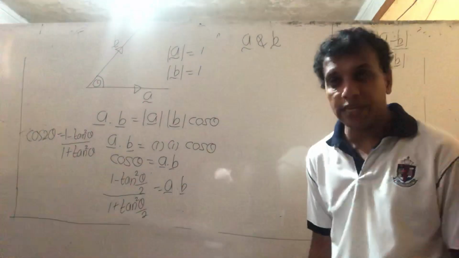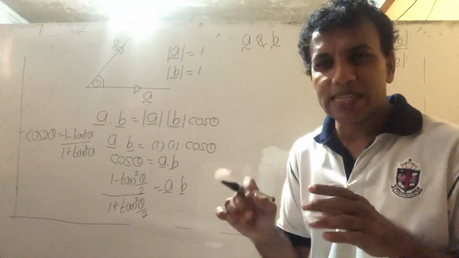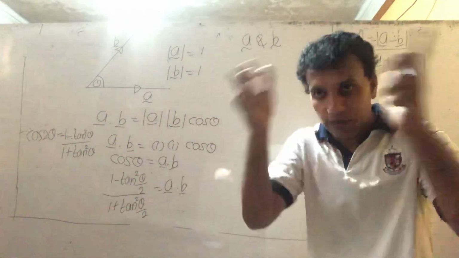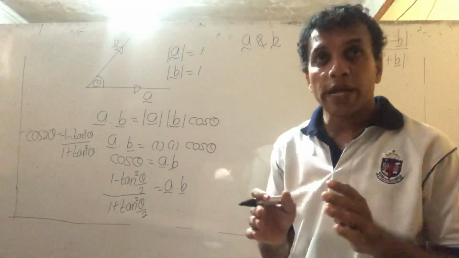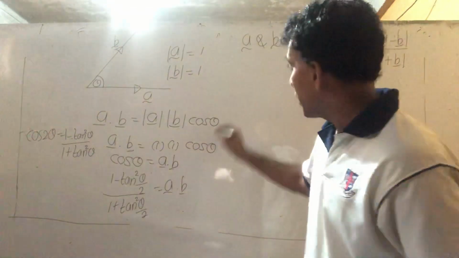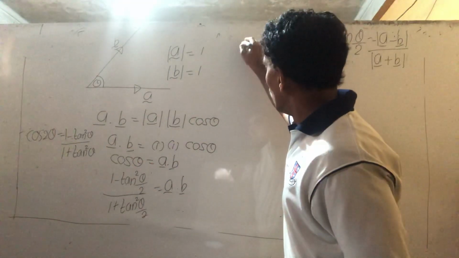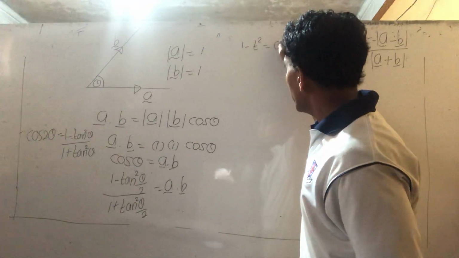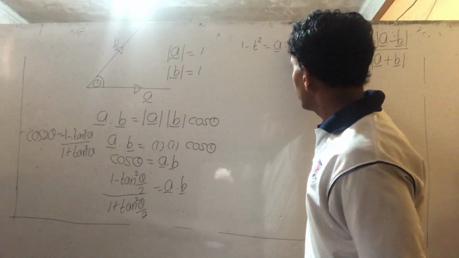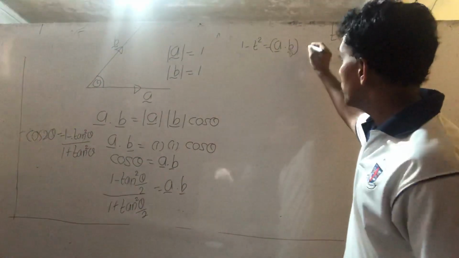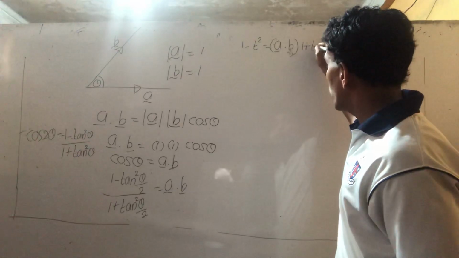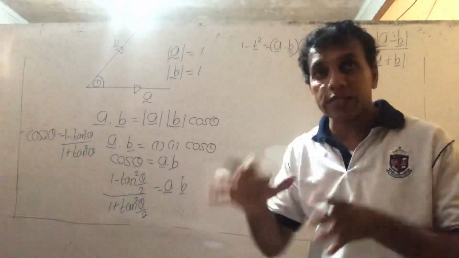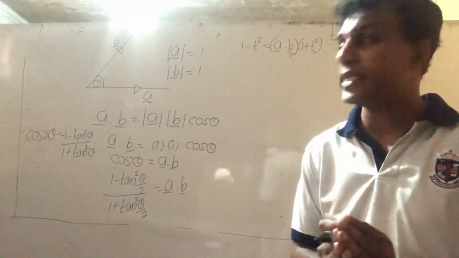Hereafter I take t for tan theta by 2, easy to minimize the work time. Then we write 1 minus t square equals A dot B, cross multiplying into 1 plus t square. Now simplify and get what t square is, that is tan square theta by 2.